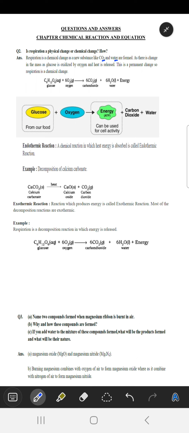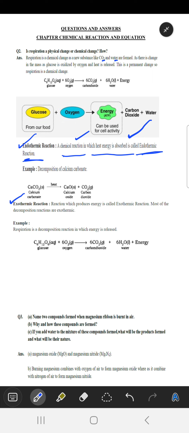The second important question is: what is an endothermic reaction and what is an exothermic reaction? A chemical reaction in which heat energy is absorbed is called an endothermic reaction. What is an example of an endothermic reaction?